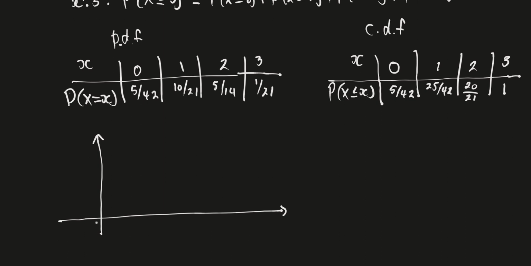So we have 0 there, we have 1, we have 2, we have 3. You could list more values, but our graph is really just going to be associated with the values x equals 0, x equals 1, x equals 2, x equals 3. So that's my x.